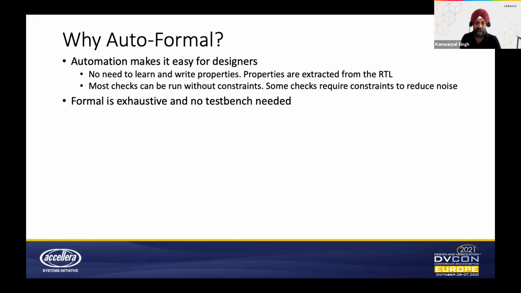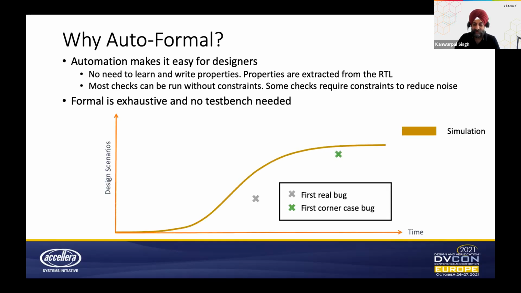And why formal? Formal is exhaustive. I think you all must be knowing this. And no test bench is needed, and you can really start early. So if you look at the design scenarios and your time graph, in the case of simulation there is a ramp up curve and a setup time needed, and the time at which you find your corner case bug may be later, once you have a good setup for simulation.